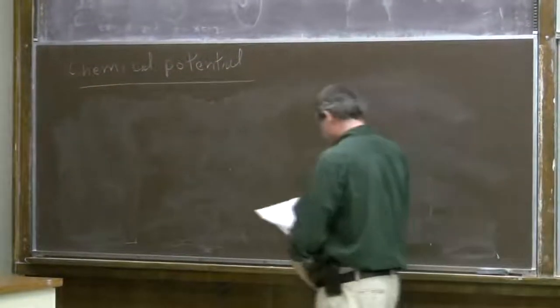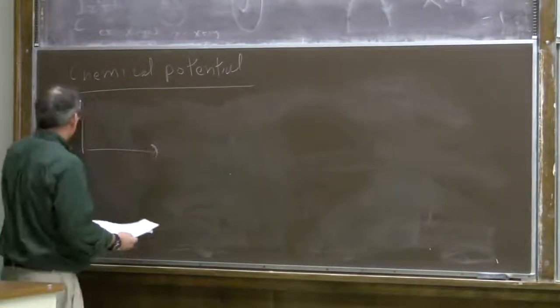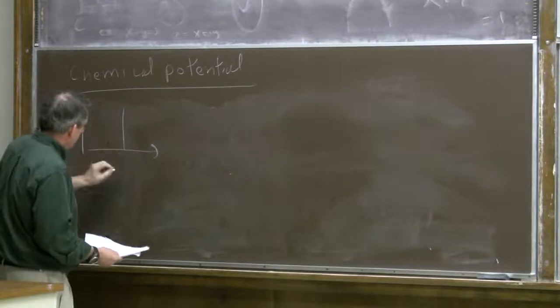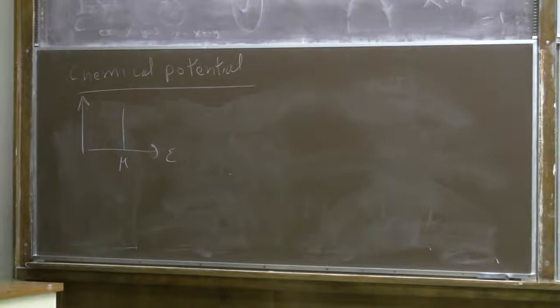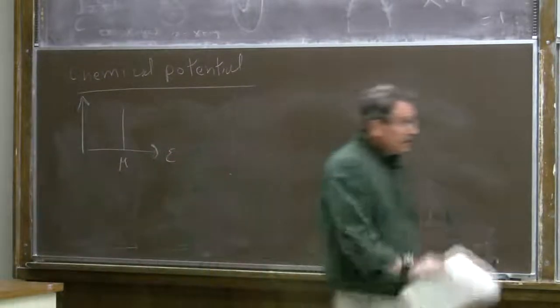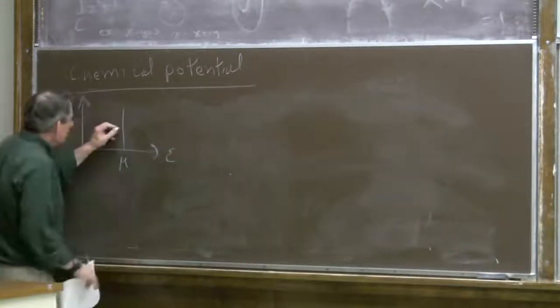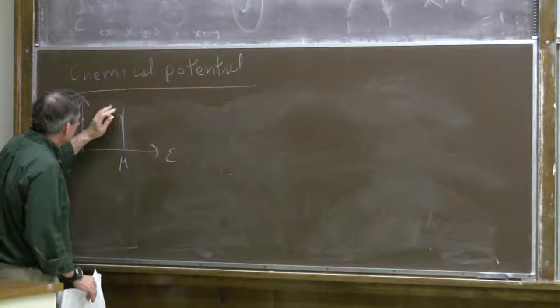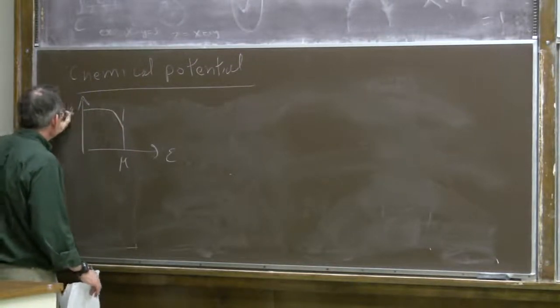So if we draw what that function looks like, when the chemical potential matches the energy, when the energy is equal to the chemical potential, then the mean number of particles is 1/2. We call that half occupancy. The probability is 1/2 that the orbital is occupied. When the energy is small compared to the chemical potential, it approaches 1.